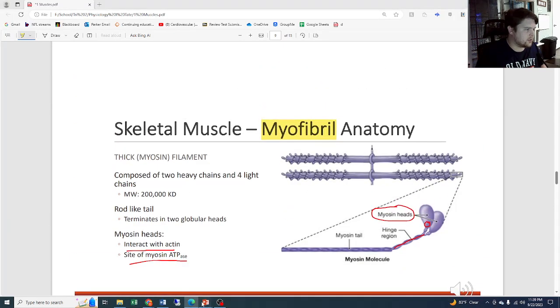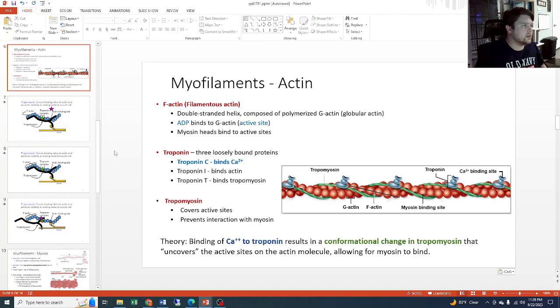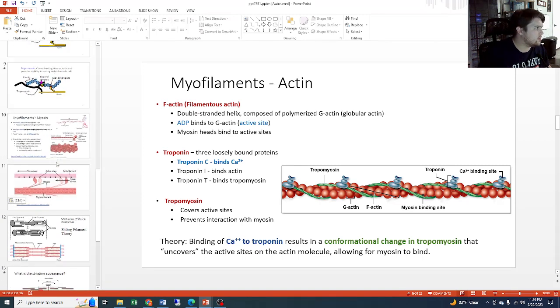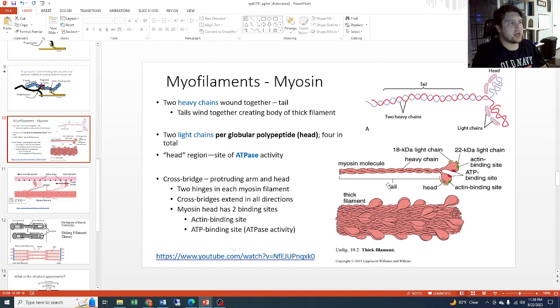And actually, I'm going to jump over to this to go over all this. I'll do myosin first. So myosin, think of myosin as a protein that builds up the myofilament, okay. Myosin is made up of two heavy chains wound together as a tail and two light chains.